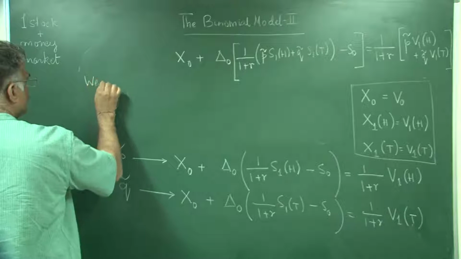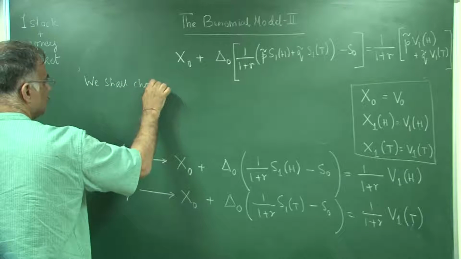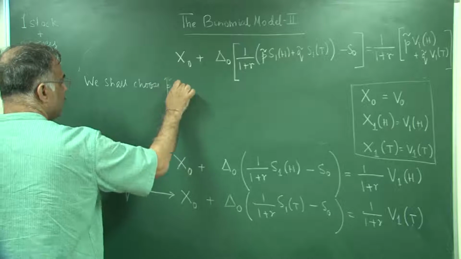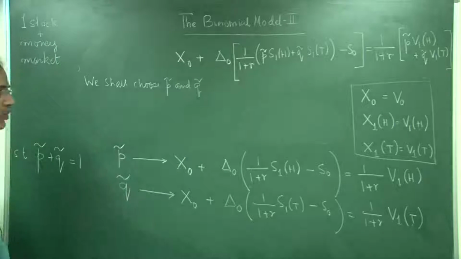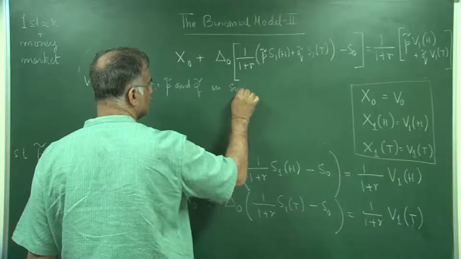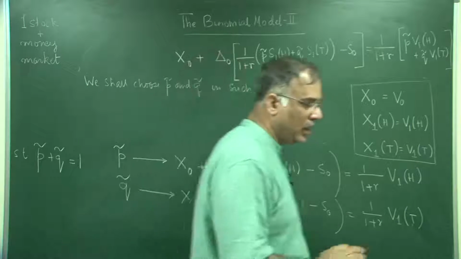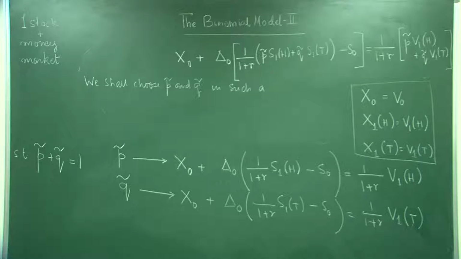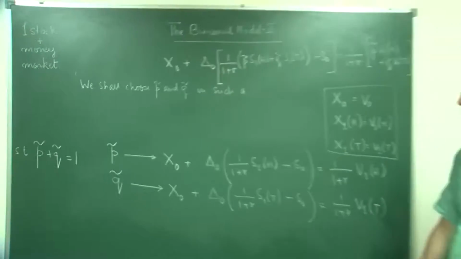We shall choose p tilde and q tilde, different from p and q equal to 1 minus p, the probabilities by which the coin is tossed, p for head and q for tail.